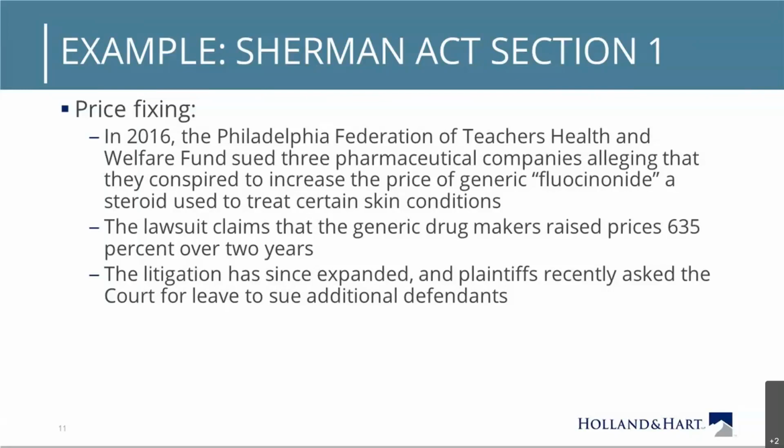This litigation is about 5 years old now. It is still kicking around, and the last I saw, which was last fall, the plaintiffs had just asked the court for leave to expand the litigation and add additional defendants.